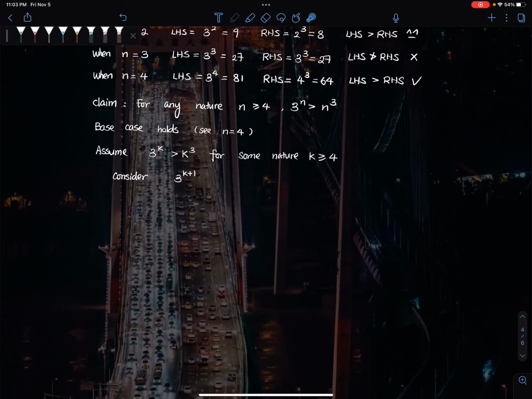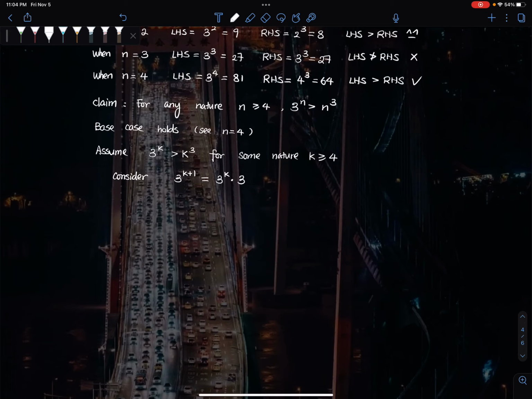You want to write this so that your IH appears somewhere. What's your IH? This. You want 3 to the power of k to appear somewhere. That's 3 to the k times 3.